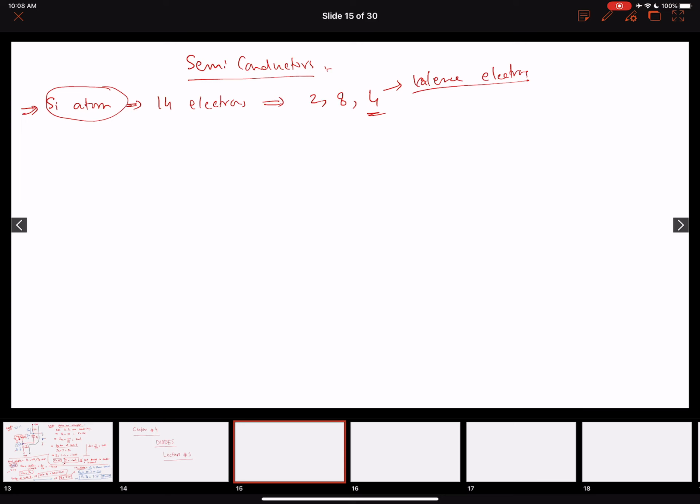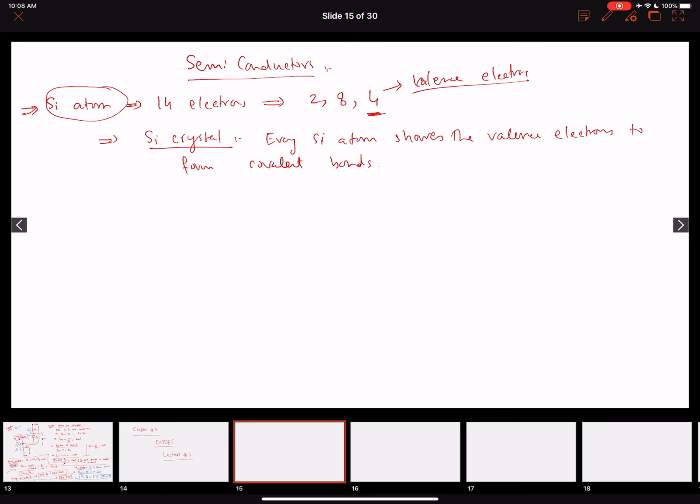So how do they make a stable silicon crystal? In a silicon crystal, in order to make everything stable, every silicon atom shares their valence electrons to form covalent bonds.